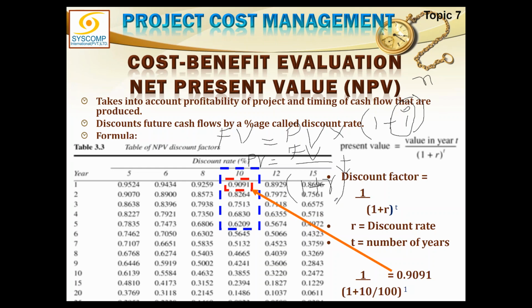Okay, I'll repeat. If you are calculating from present value to future value, like the first formula, you are trying to find the future value of your money, you will apply interest rate.